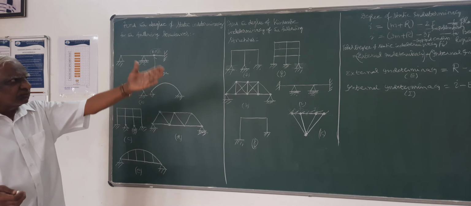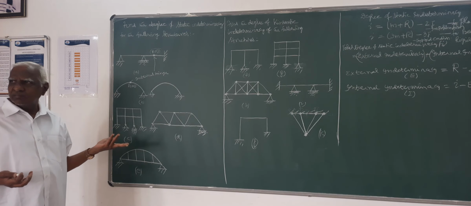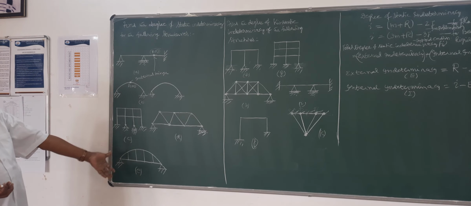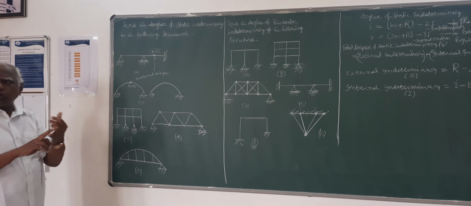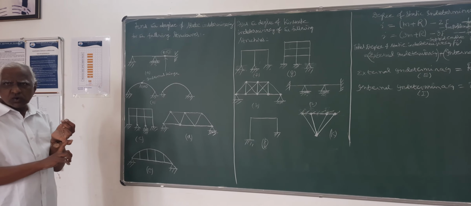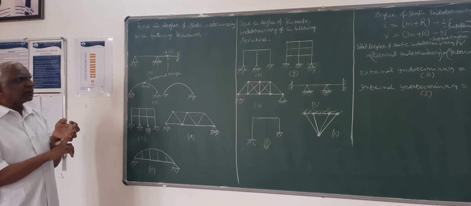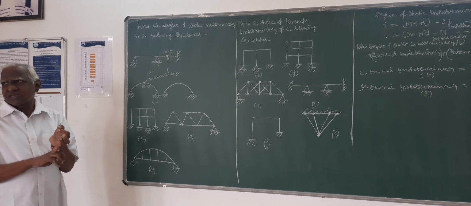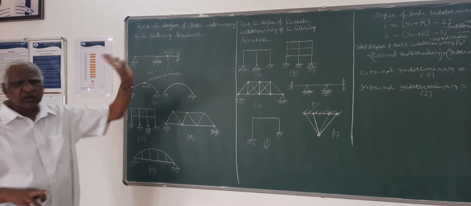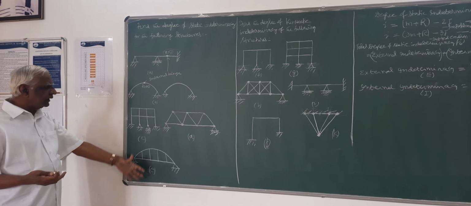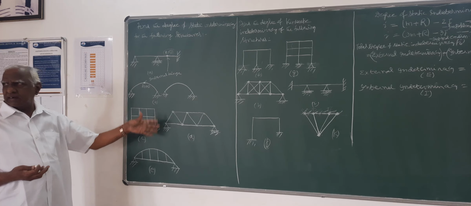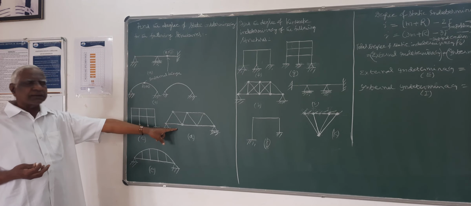Now we will work it out. It's a very simple phenomenon. First you have to identify what type of structure the given structure is, and then you have to count the number of nodes or joints, number of members, and number of support reactions. That's all we have to count. So here, as I told you already, all are rigid plane frame structures except this.